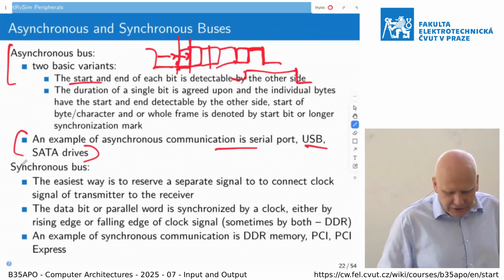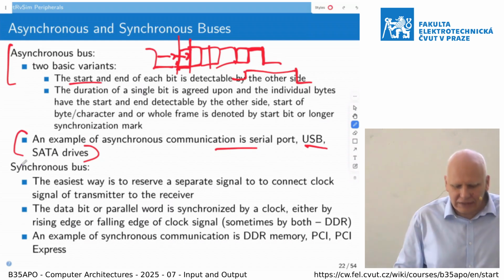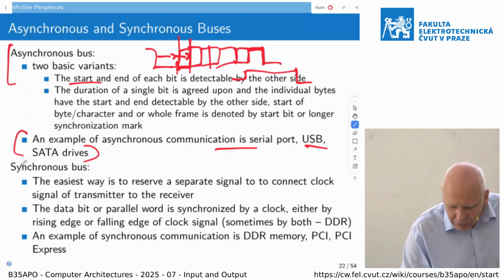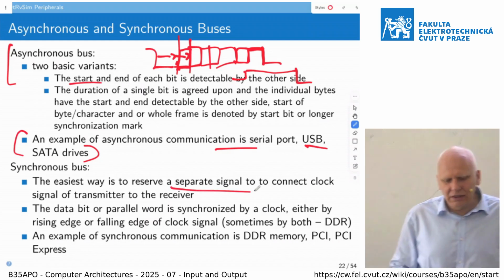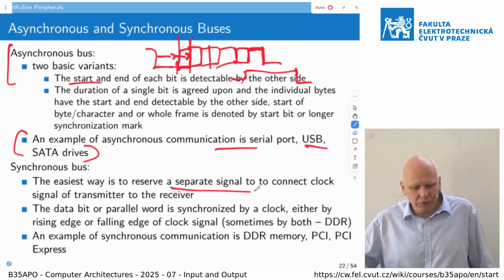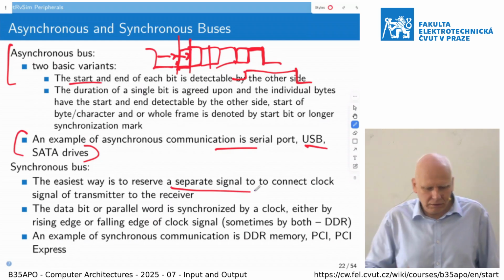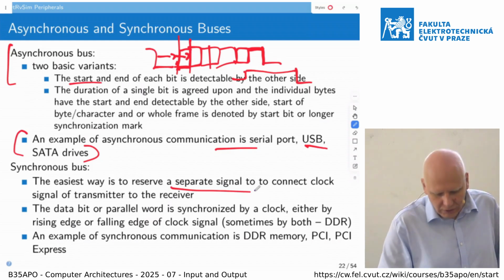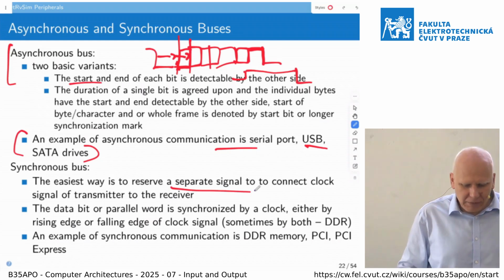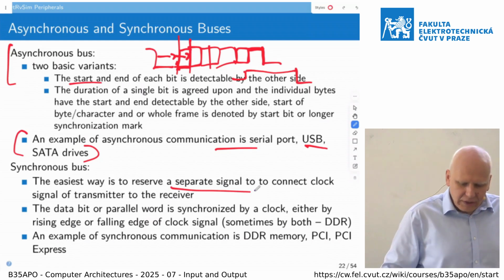Then we can have a synchronous bus. The simplest way to synchronize transmitter and receiver is to provide a separate clock signal which informs the receiving side when the individual bit, or byte, or word on the parallel bus is ready to be strobed and is valid, and so on.